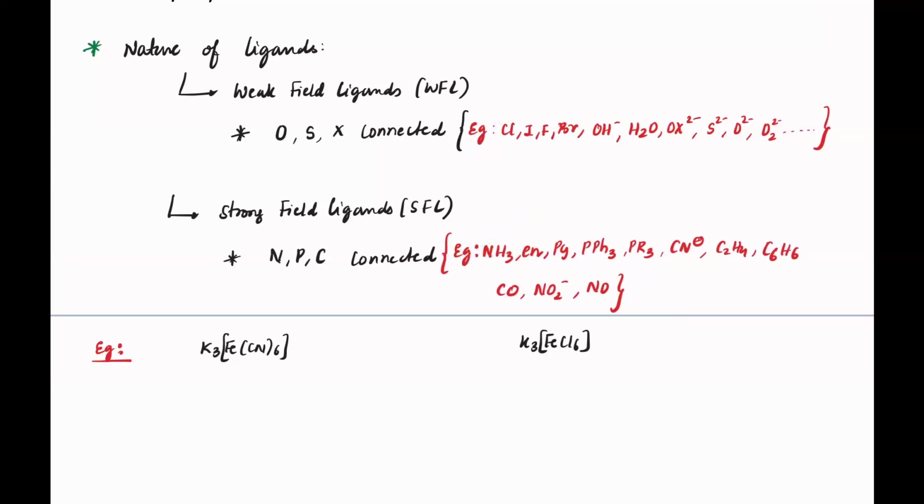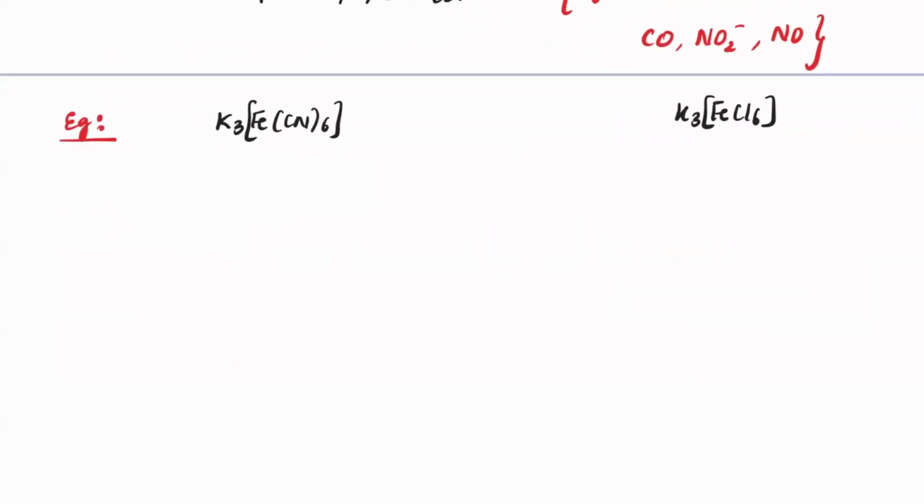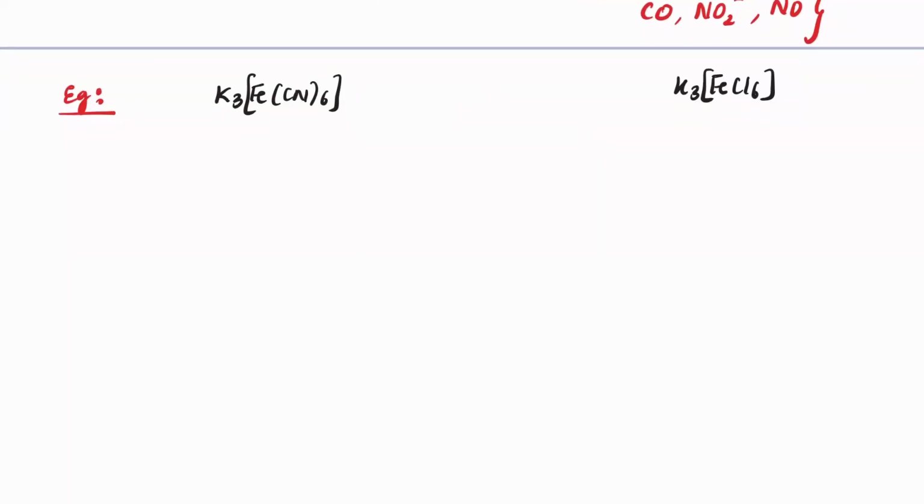Got it? Suppose I were to find out the hybridization of the central atom in this complex and in this complex, how do we do that? What we typically do is put it like an algorithm, everybody. So what is that algorithm? Let me show.